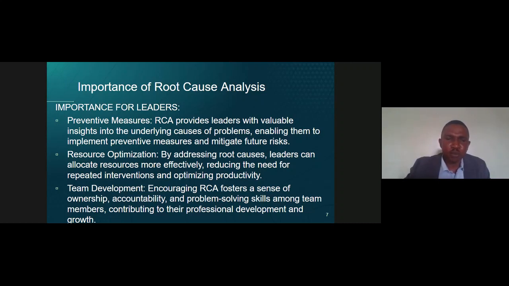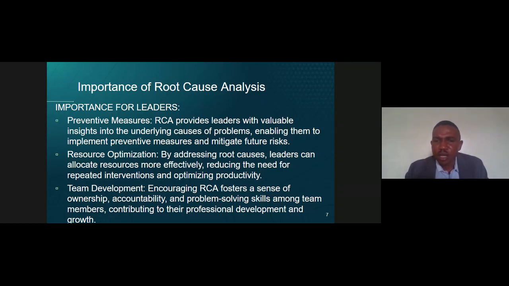And once they allocate resources there, they're able to see that the problems that were occurring in the equipment or in the organization have been eliminated. So it enables them to decide where to allocate resources so that they can reduce their costs.